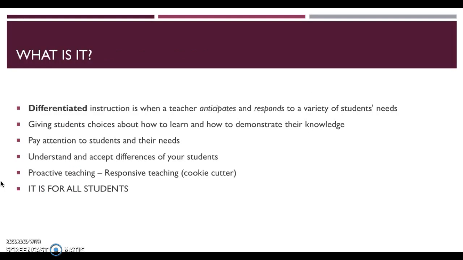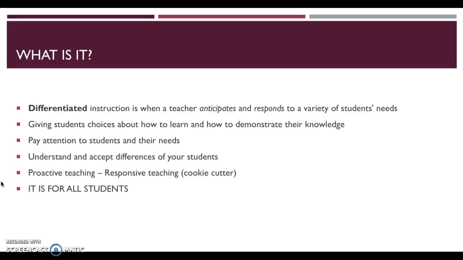So let's talk about what it is. Differentiated instruction is when a teacher anticipates and responds to a variety of students' needs. So there are kind of two parts here: anticipates and responds. Those two things are very important. The anticipate comes beforehand, and the respond comes during the actual lesson.